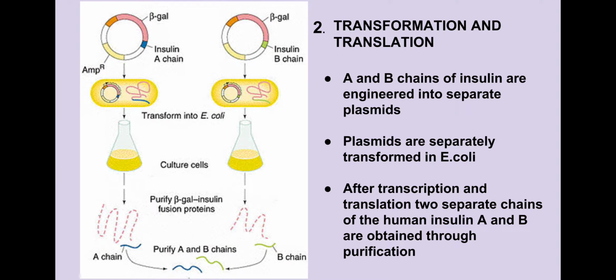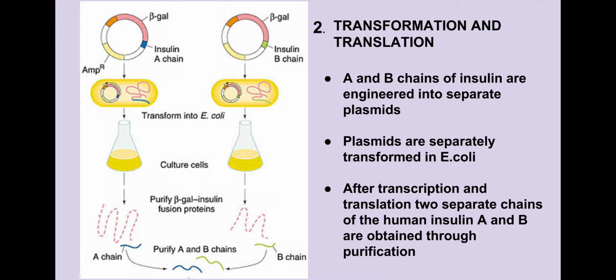Then the next obvious step would be that the genes which are responsible for A and B chains are engineered into separate plasmids. So both of these genes are inserted into plasmids, and the plasmids are separately transformed in E. coli.